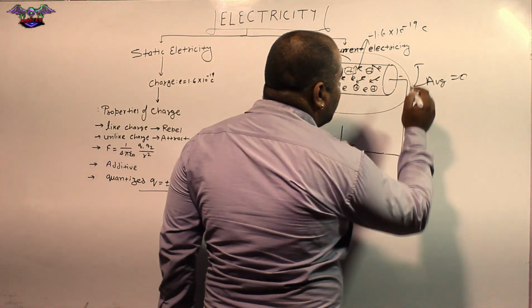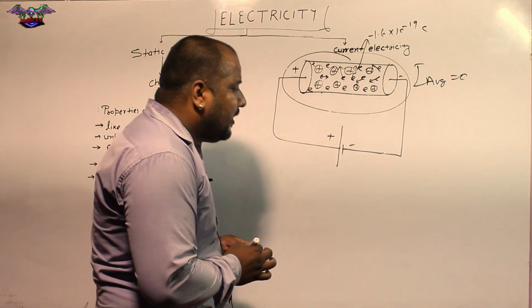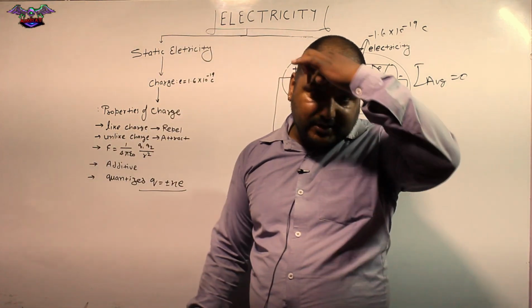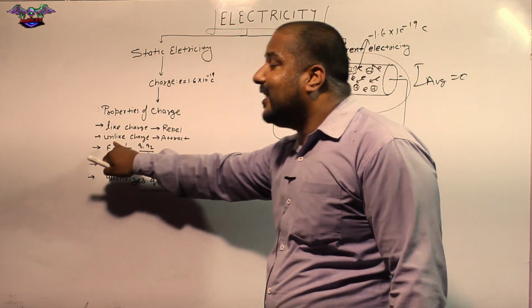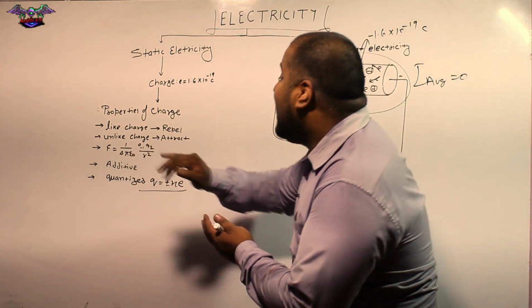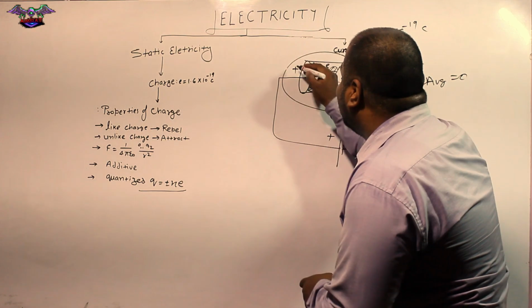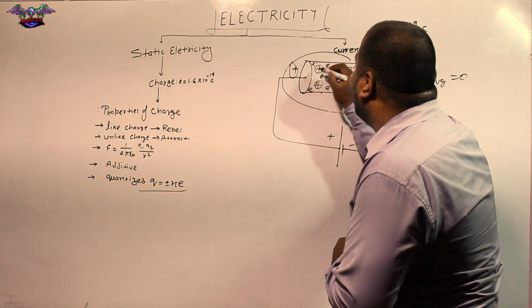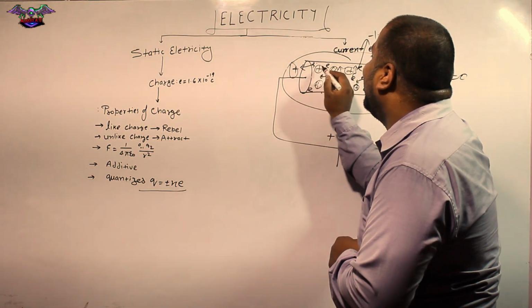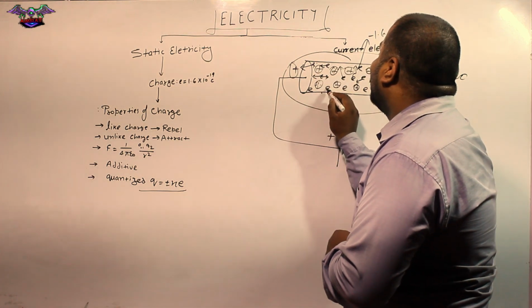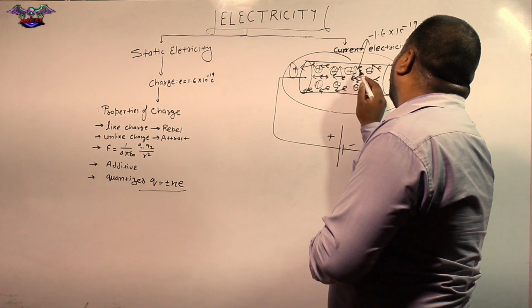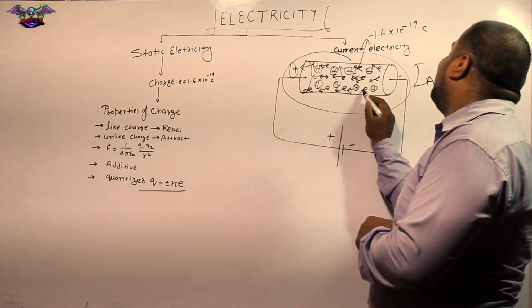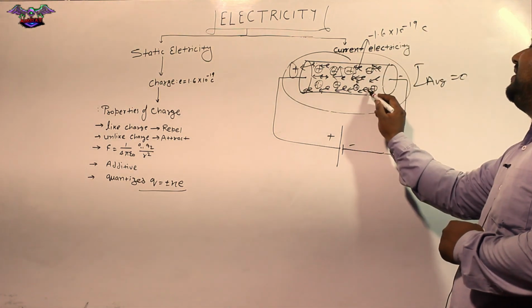This part of the conductor is joined with the positive terminal, so this is positive and this part is negative. Now, we understood in the last class that like charges repel each other, unlike charges attract each other. There is a positive charge, the electron has a negative charge, so they will attract towards the positive terminal.